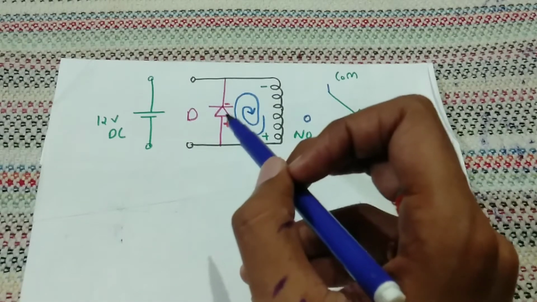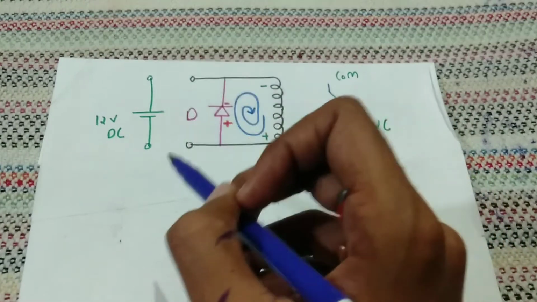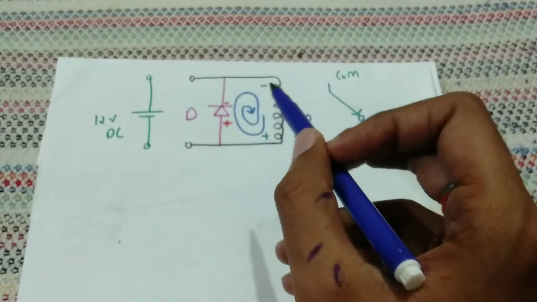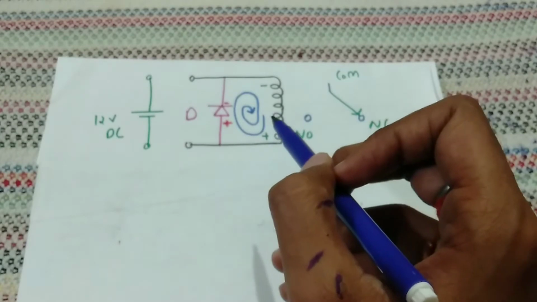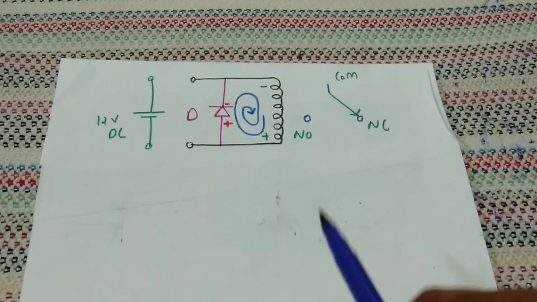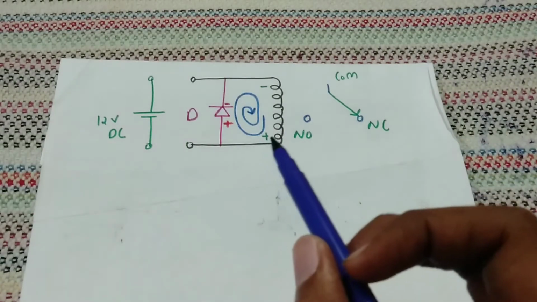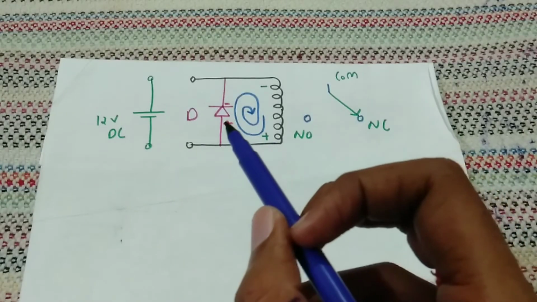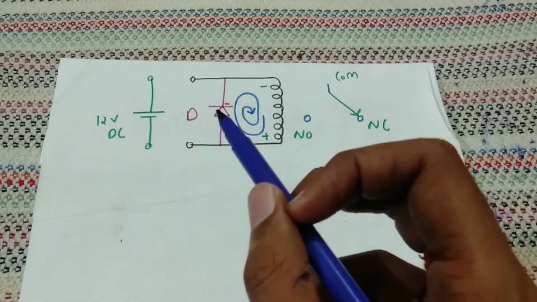The reason is, when you detach or remove the 12 volt DC, the inductor opposes the change in its current. That's why its terminal polarities become opposite. Due to this, the diode turns on, because this is the favorable condition for the diode.